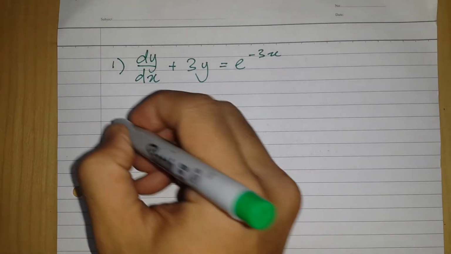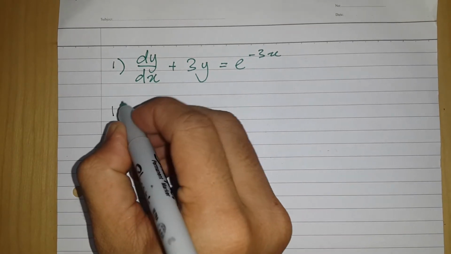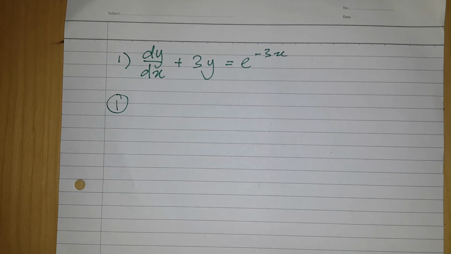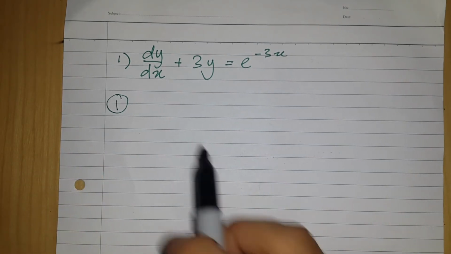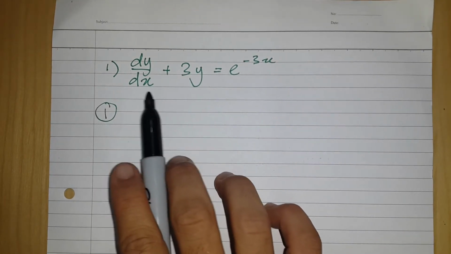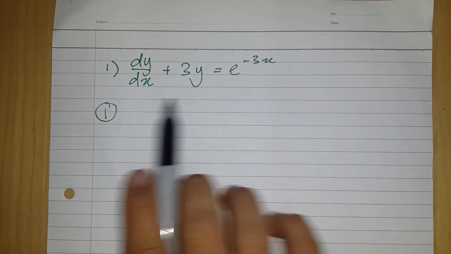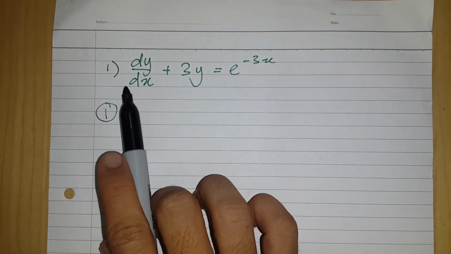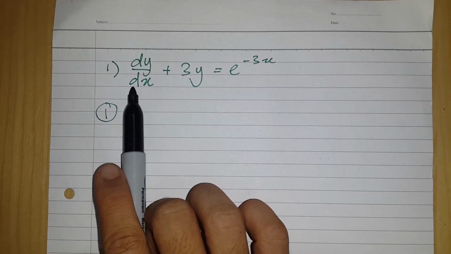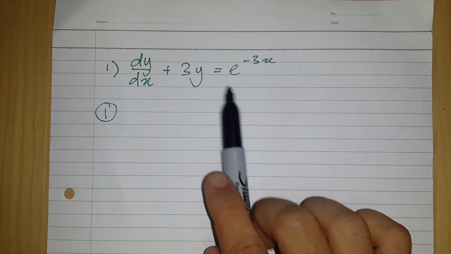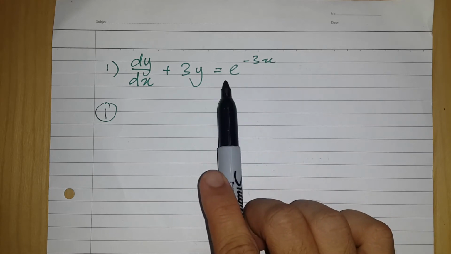Alright, remember our first step. First step is we need to identify our P(x) and Q(x). In this case, our equation is already in the basic form, where dy/dx is alone, nothing is multiplied to dy/dx, and the function of Q(x) is on the right hand side.